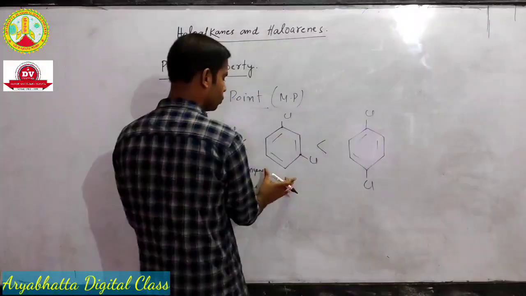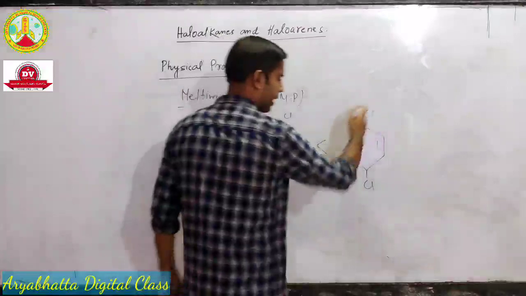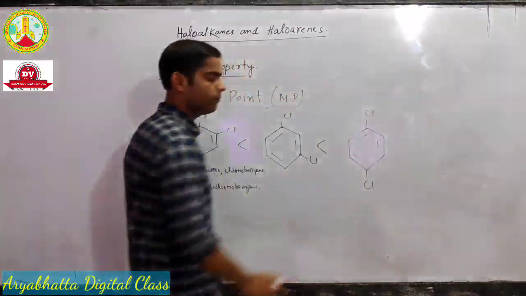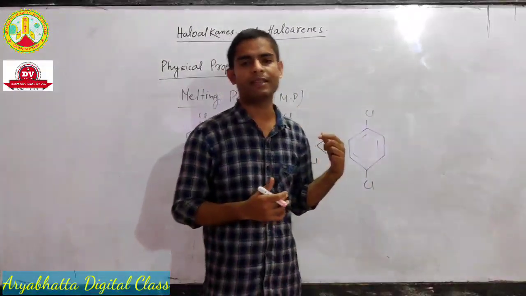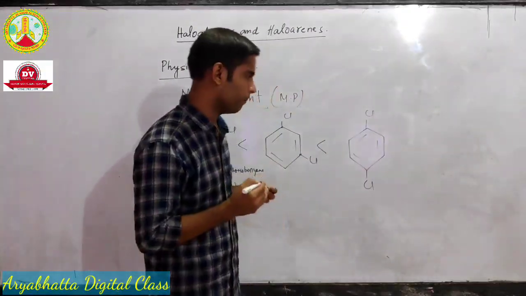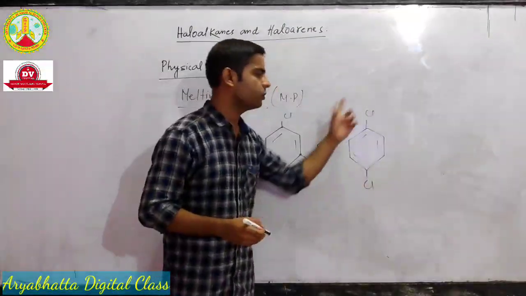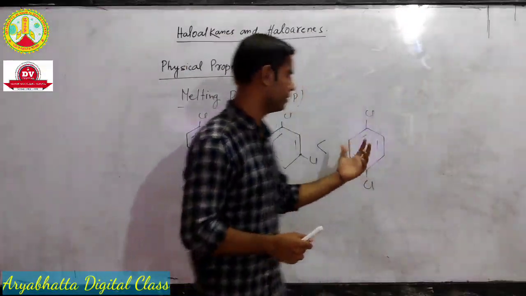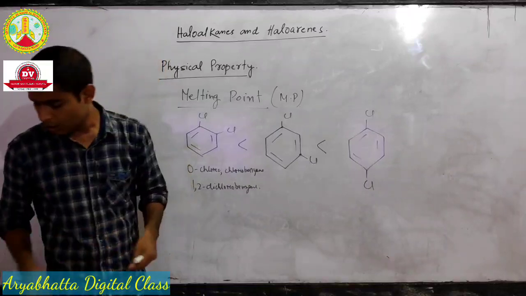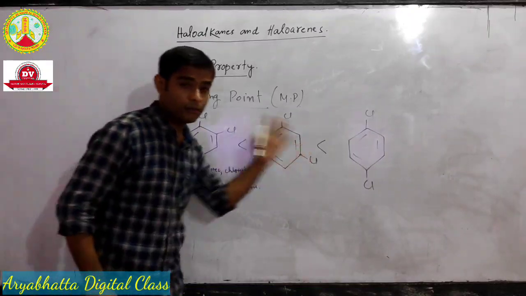These two have a very low melting point, and para isomers have a very high melting point compared to the ortho or meta isomers. And why is that? Why do para isomers have considerably higher melting point than the meta or ortho isomer? So this is the fact.